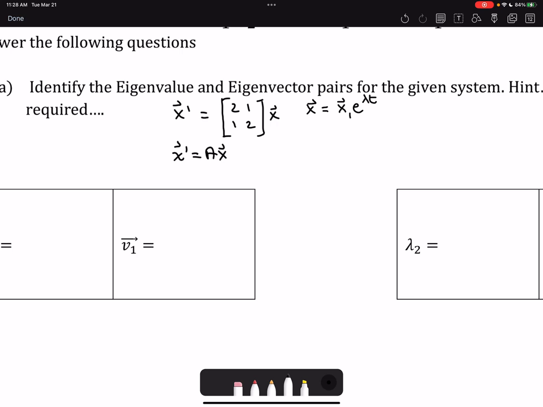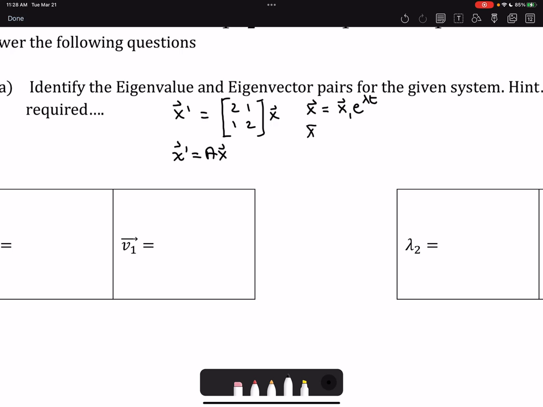Well, because we remember that e to the at has a derivative that is equal to a e to the at, right? And this form right here is saying that the derivative of whatever is in the x is equal to a constant times that original x. So perhaps this will give us a solution.